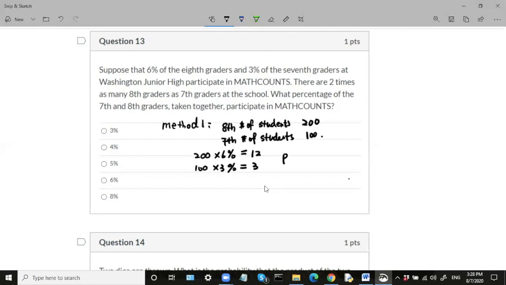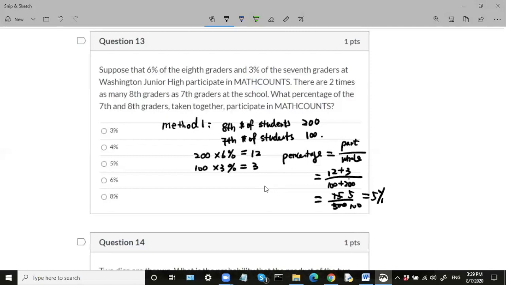So the percentage equals part over whole, right? The part equals 12 plus 3, over the total students of 8th and 7th taken together, 300. So that's 15 over 300, which is 5%.